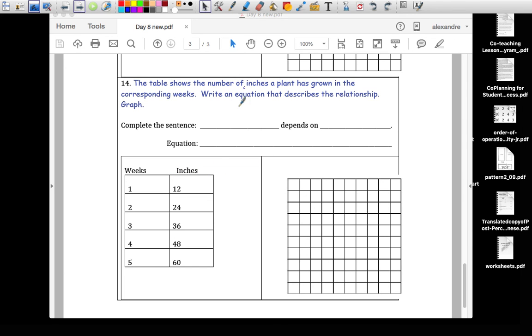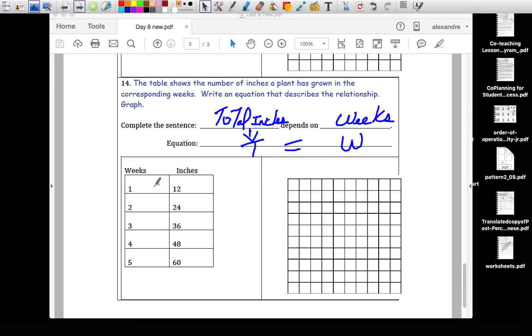So I'm going to say the total inches, that this thing is growing, I have no idea what it is, depends on the number of weeks. The longer the time, the more the weeks, the taller or bigger you are. So let's change that. Total inches, let's use T, just to be more original. Depends, equals, and then W for weeks.